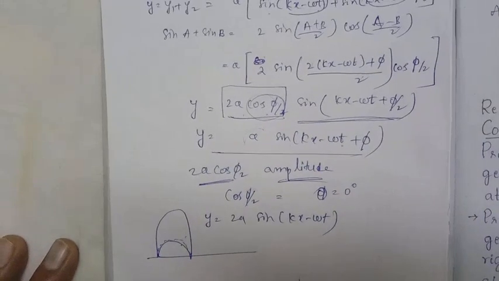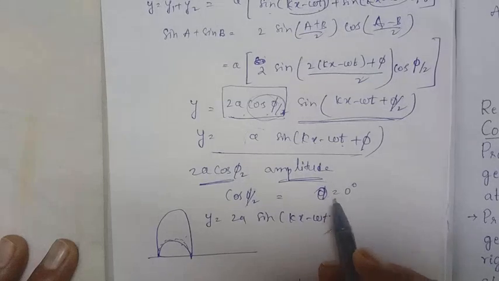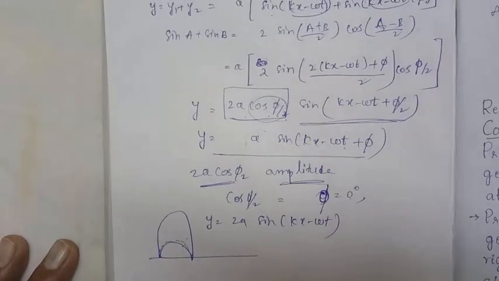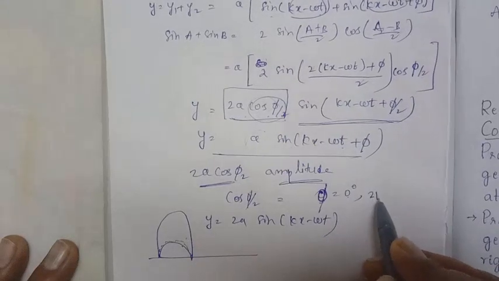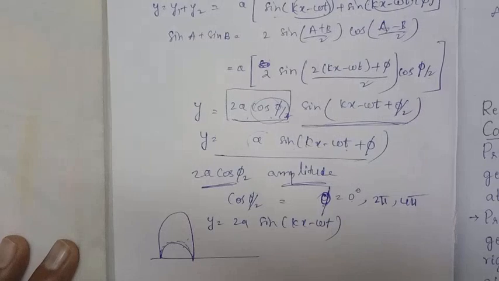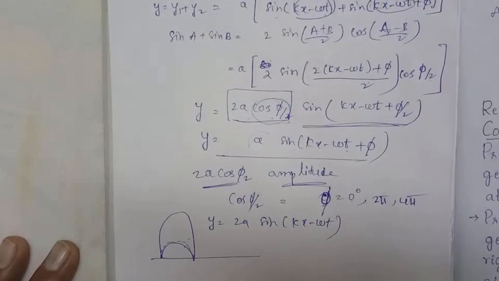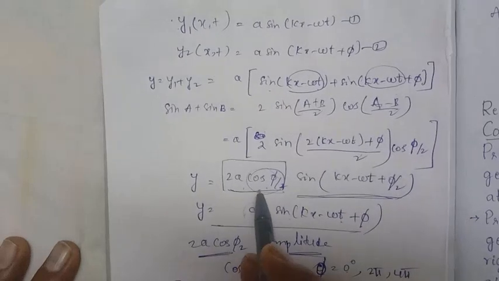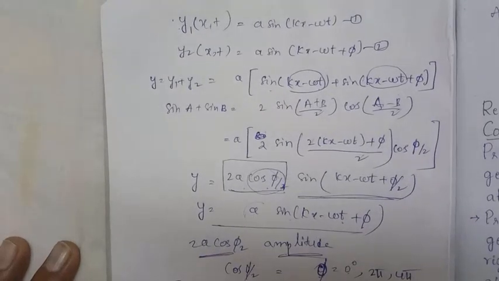So then what is the condition for the constructive interference? The initial phase phi is equal to 0 degrees or 2 pi or 4 pi, like that. So then what is the destructive interference? Destructive interference means the cos value will become 0. When will it become 0? Cos 90.